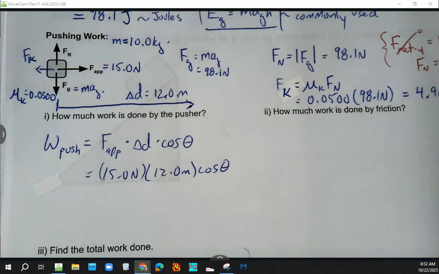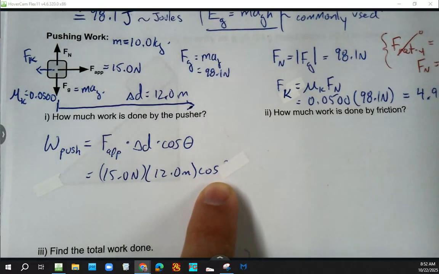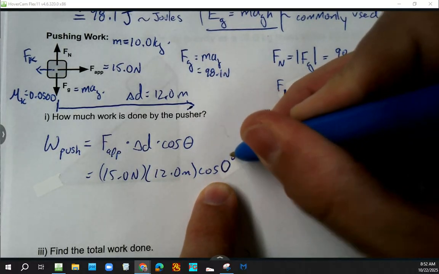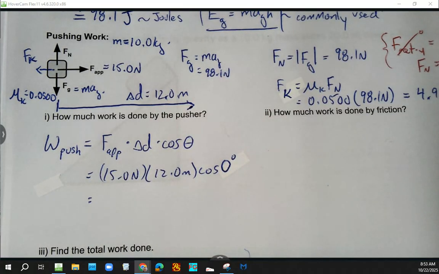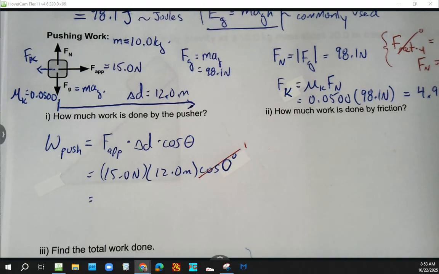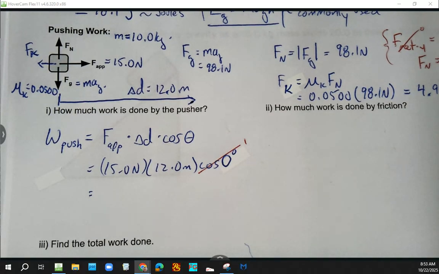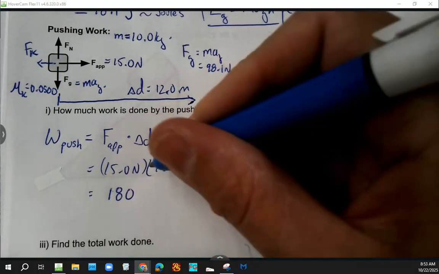Is this collinear or antilinear? Collinear. So it's cosine of 0 degrees. And we know from the unit curve that cosine of 0 is equal to 1. So we're left with 15 times 12, and I think a lot of us can just do that in our heads, but it ends up being 180, even. 180, and then what are the units?